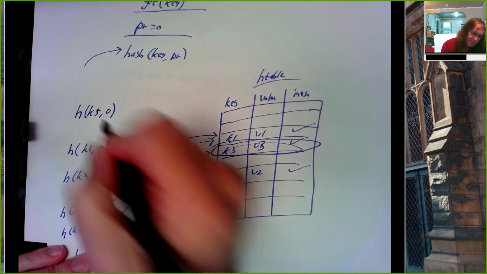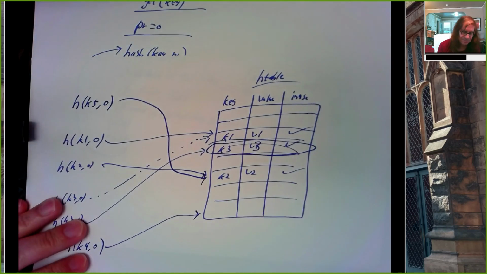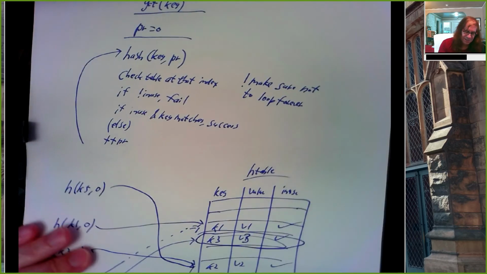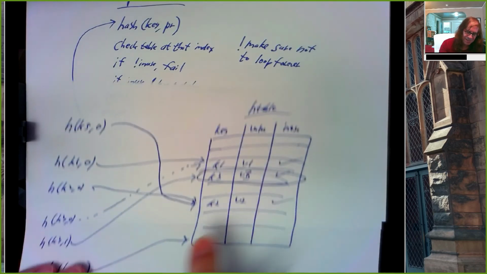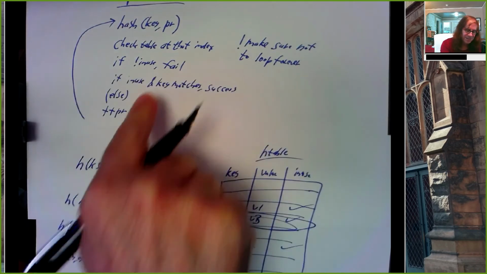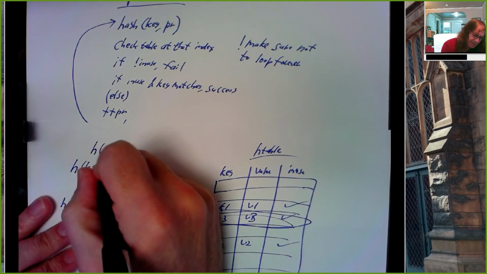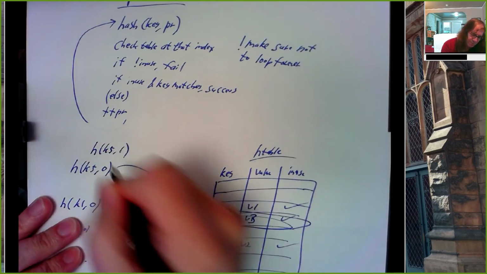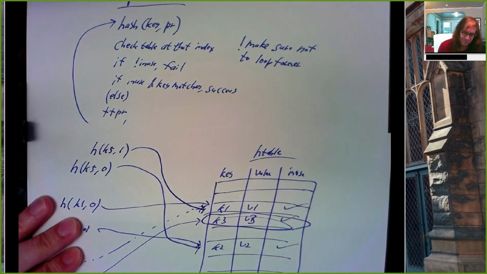Let's search for a key K5. Let's say that hashes to here. Check that location. If it's not in use, fail. Well, that's not the case. If it's in use and the key matches, success. Well, it's in use, but the key is K2. It doesn't match, so that doesn't apply. So increment the probe number. So now hash with a probe of 1, and let's say that maps down to here.